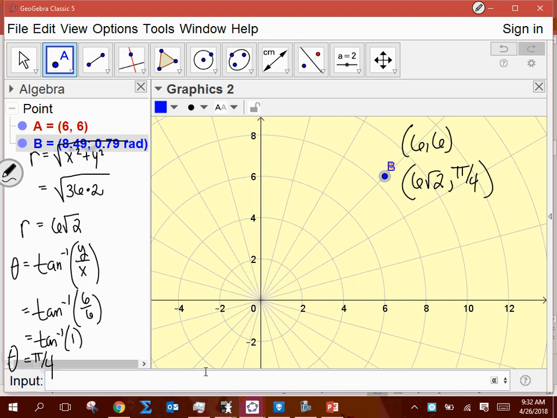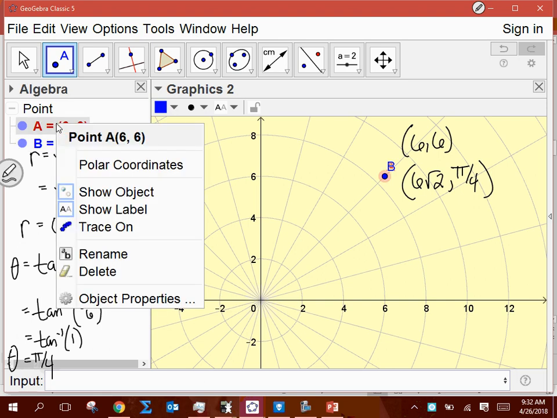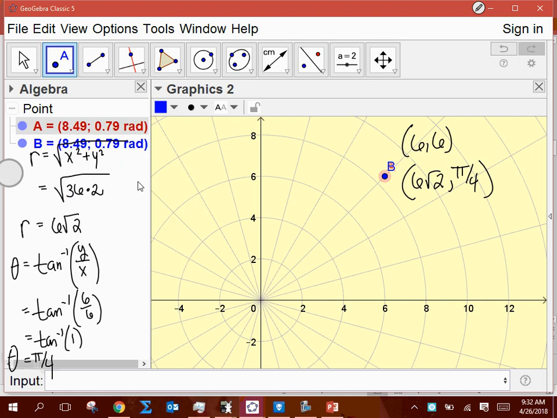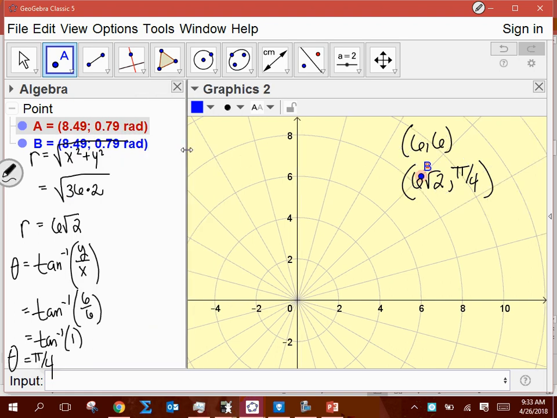Okay, and you can even do this. You can right-click on 6, 6 and click polar coordinates, and it will change it into polar coordinates. Now it doesn't change it to exact, pi over 4. Okay, it rounds it to whatever decimal place here, and it doesn't change it to 6 radical 2. But that is an option.